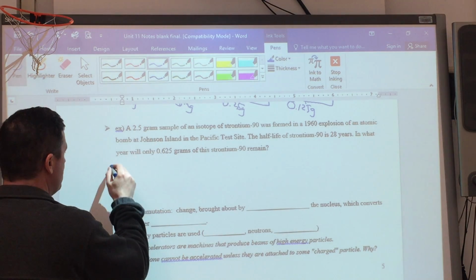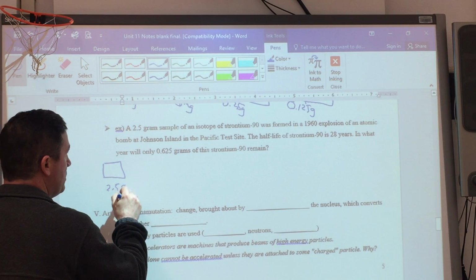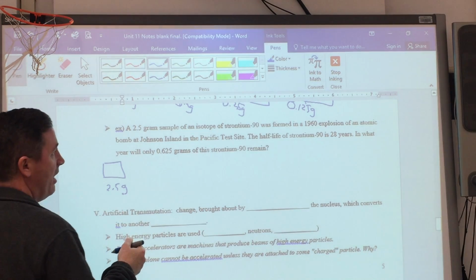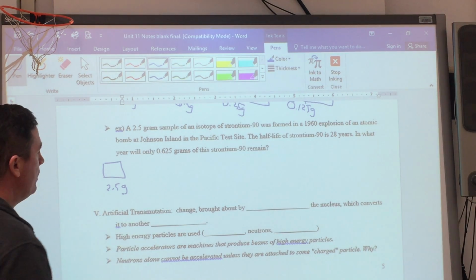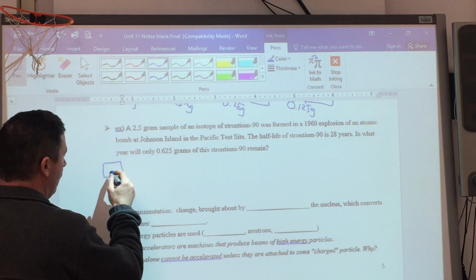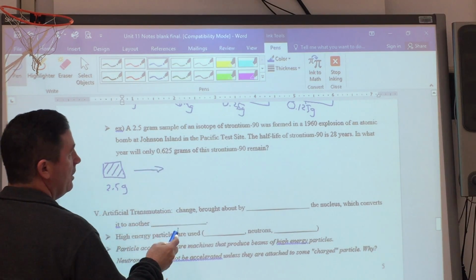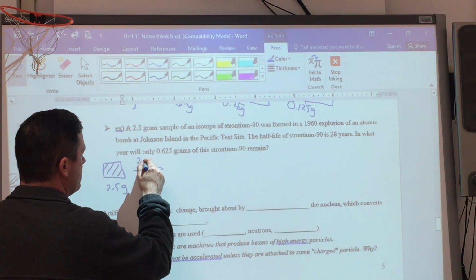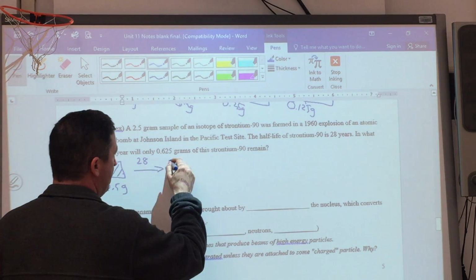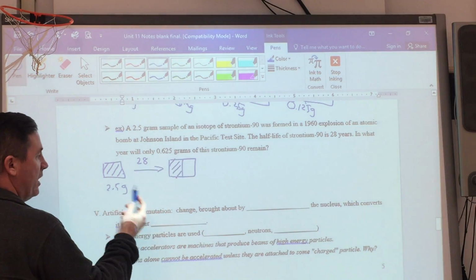Okay, so we're starting with 2.5 grams, and this is my strontium-90. I'm going to save a little time and not show you what it gets broken down into because we're running a little long. So all of this is 2.5 grams. Half-life is 28 years. So in 28 years, half of this sample is going to be radioactive.